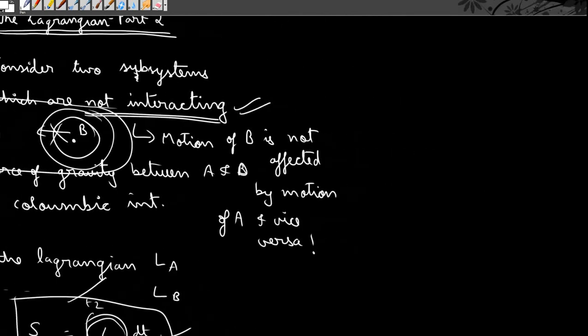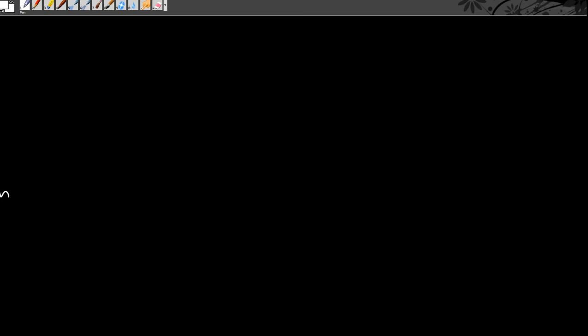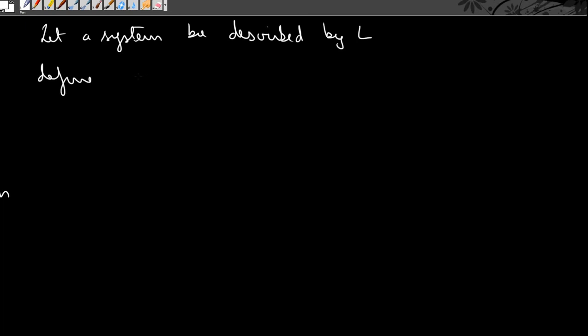So let us say that we find that a system is described by L. Now I am going to define a new Lagrangian L dash, which is given by some constant A times L plus some constant B. So A and B are constants.